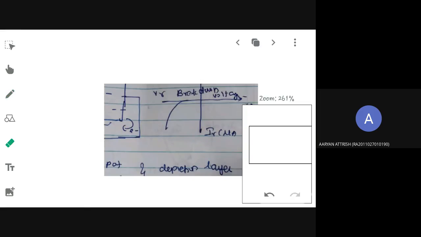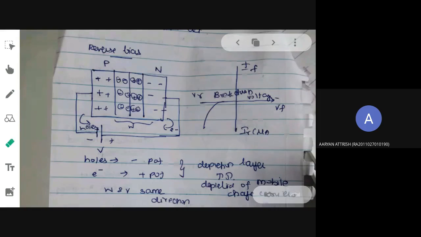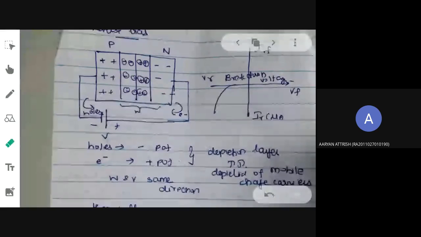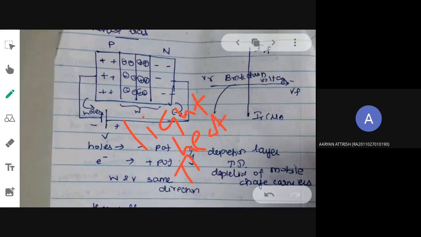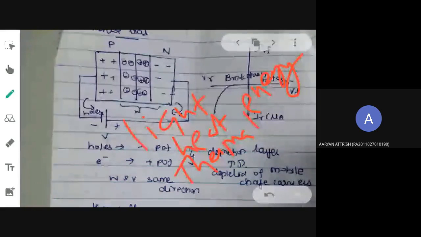I am telling you there is no free mobility of charge carriers, but still you have light and heat phenomena. Light is there, heat is there, so thermal energy is present. Heat and light correspond to thermal energy, yes.